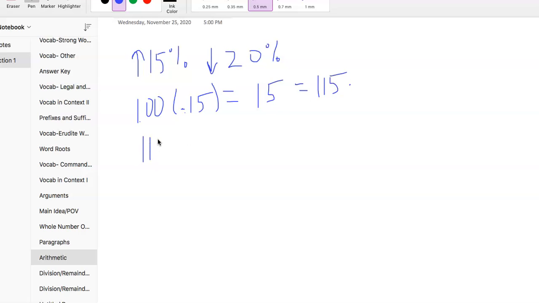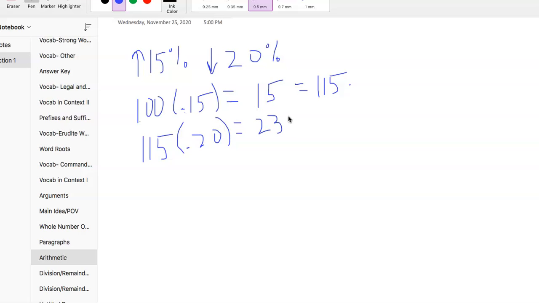This is what it's worth right now, 115, and now sadly we're going down 20%. 115 times 0.2 is 23.